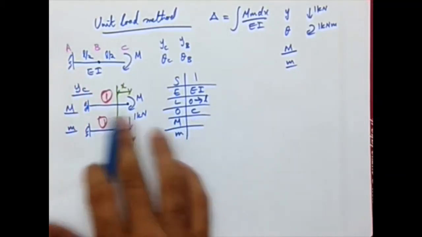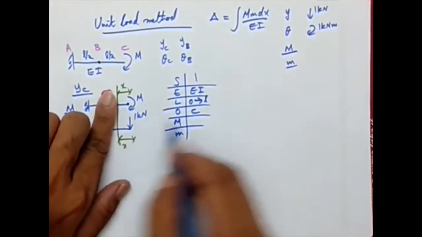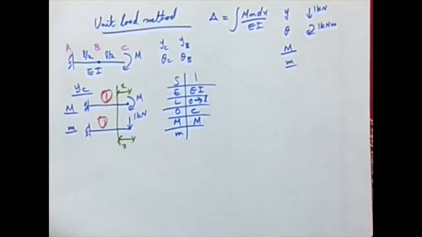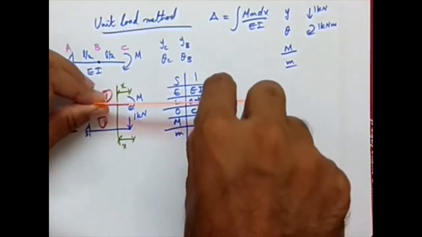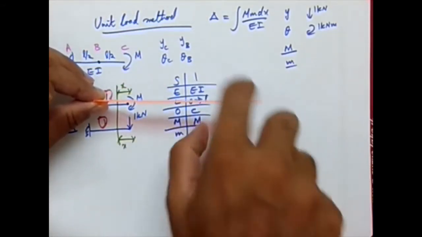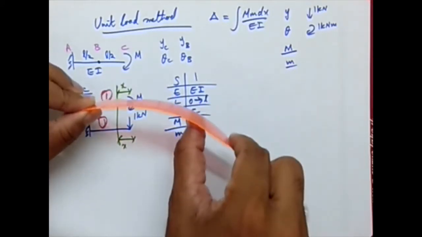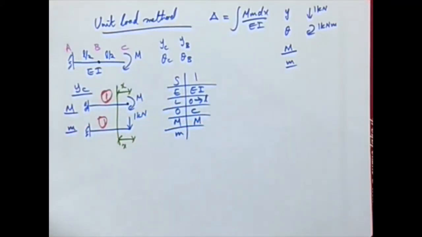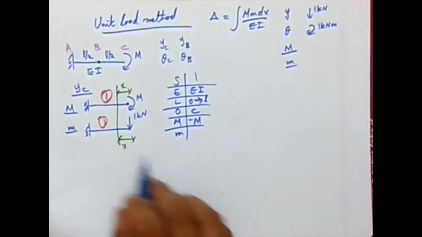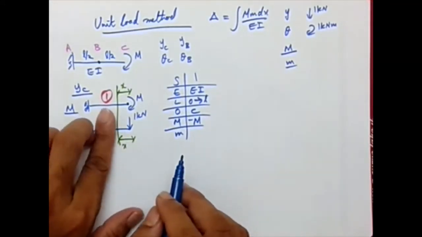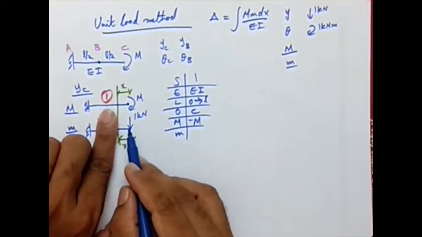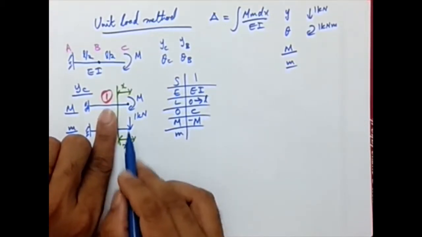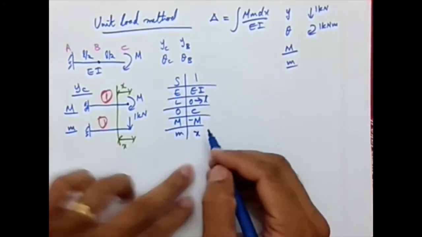Looking to the right, the moment magnitude is M. Now for the sign, I take this point as fixed and apply the moment like this, and what I get is a hogging moment, so it is minus. Now for the small m, the force is 1 and X is the distance or lever arm, so it is going to be X.